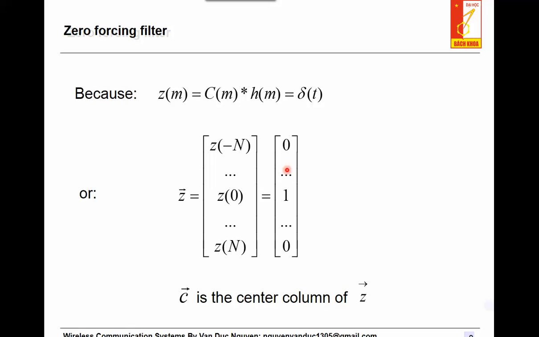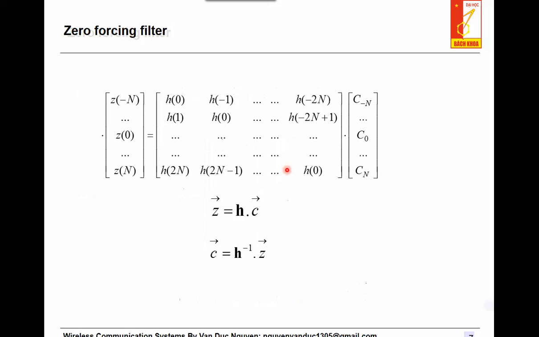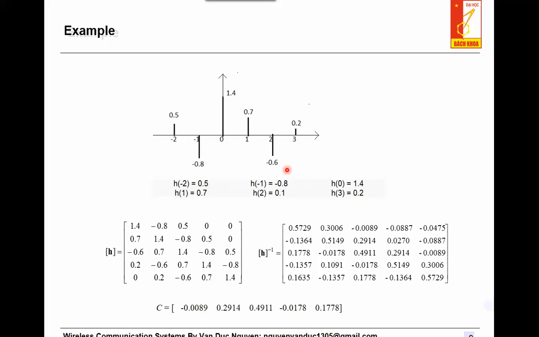So because the set is having this form, the filter coefficient is the center column of the column. It's not of the set. I'm sorry, again this is wrong. The center column of the inverse channel matrix.